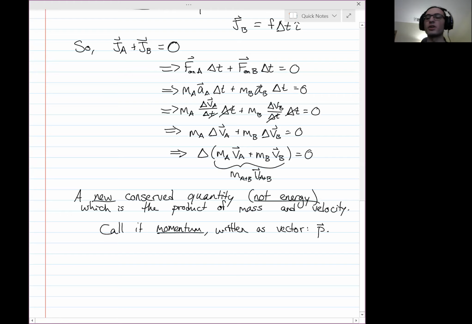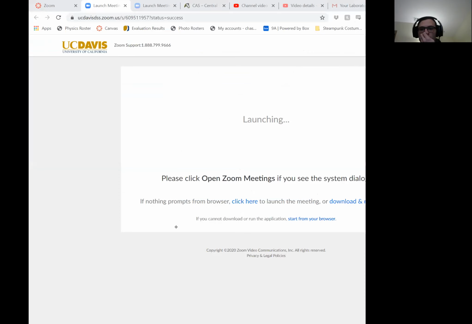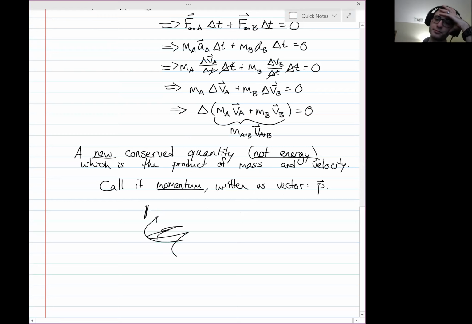Because of course it's a vector. Velocity is a vector, and you can multiply a vector by a number and still get a vector out. And so the definition here is that p is by definition mv.